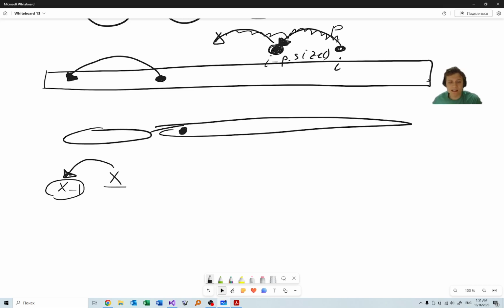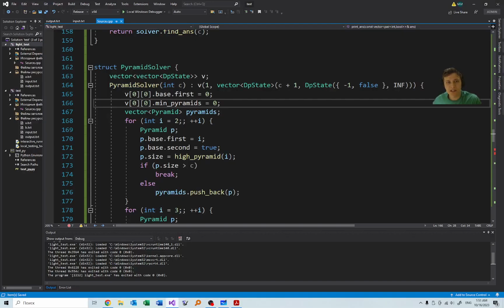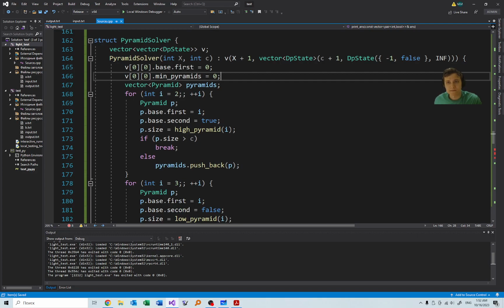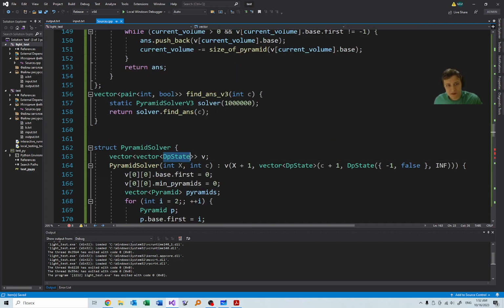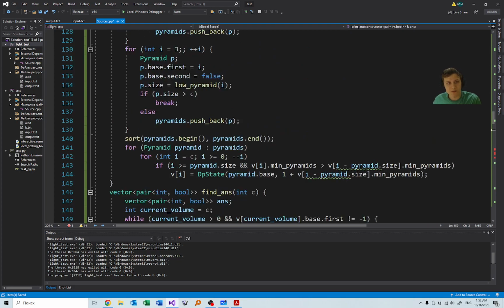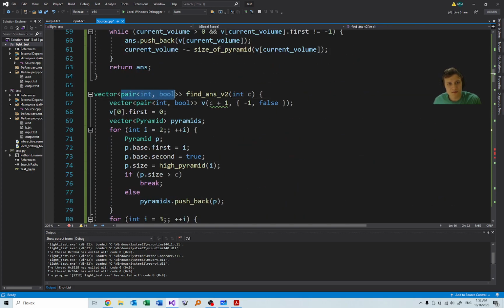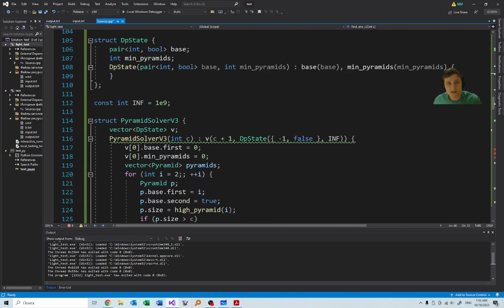So I guess here we already need to fix the maximum number of pyramids which we can use. So for example, if x is the maximum number of pyramids which we can use, then here is x plus 1. Instead of dp state, we use simply pair int bool. Now the solution needs to be fixed.